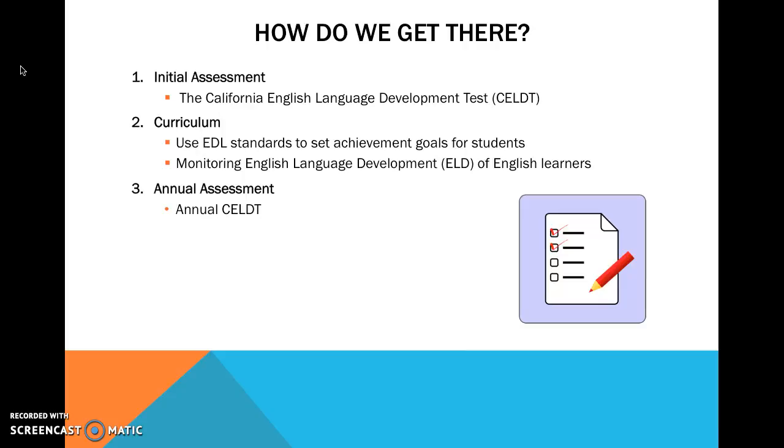This test is administered for initial identification purposes within 30 calendar days from the enrollment of the student whose primary language is something other than English, and is determined by the home language survey, which is given to the school by automatic enrollment. When they first enroll, parents must fill out paperwork, and that's where that home language survey comes in.